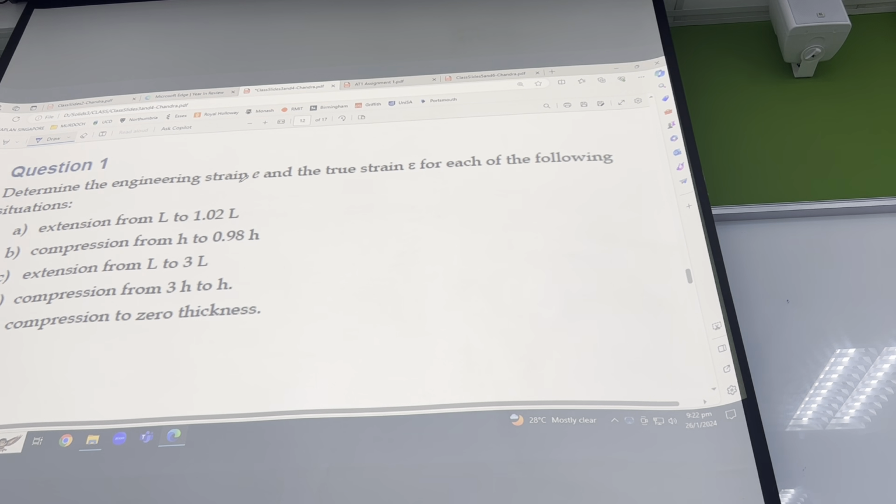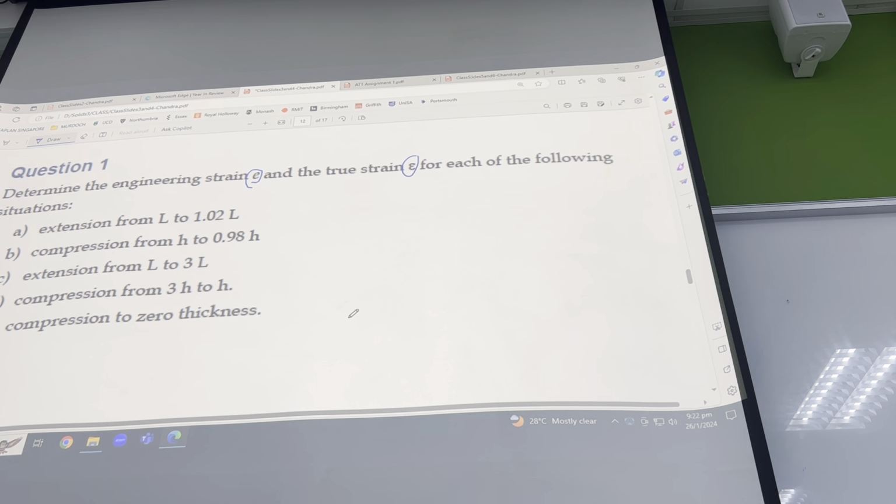So determine the engineering strain E and true strain epsilon in these three cases.